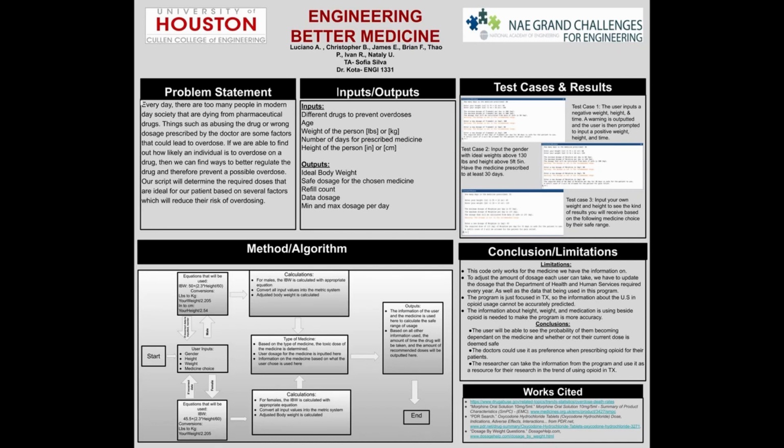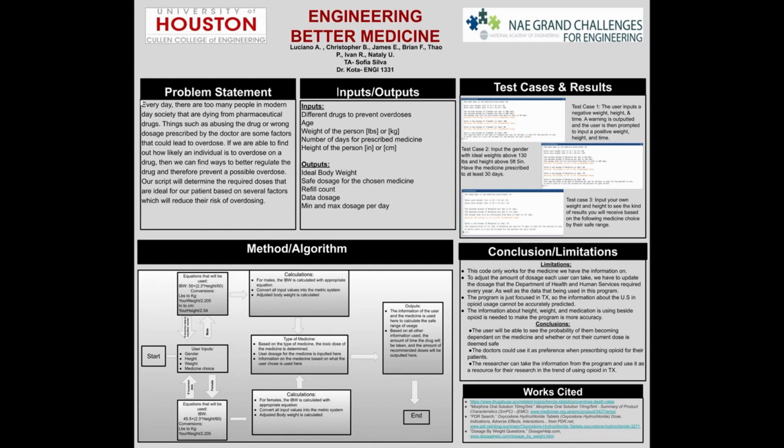So if the user chooses pounds, the weight is converted into kilograms in the function that we have in the script. For males, it is 50 kilograms plus, in parentheses, 2.3 times the height divided by 60. As for females, it's 45.5 kilograms plus 2.3 times their height divided by 60.